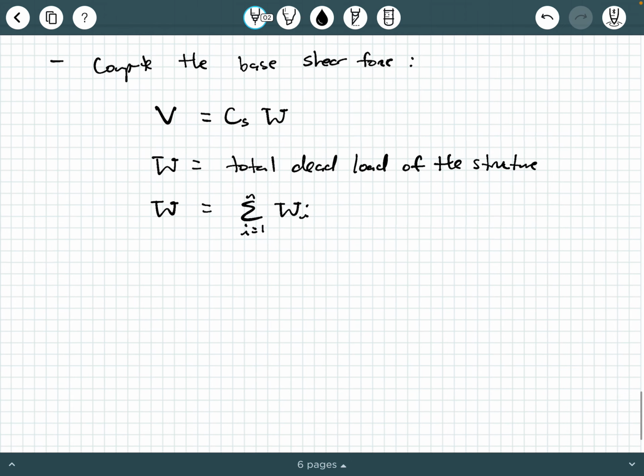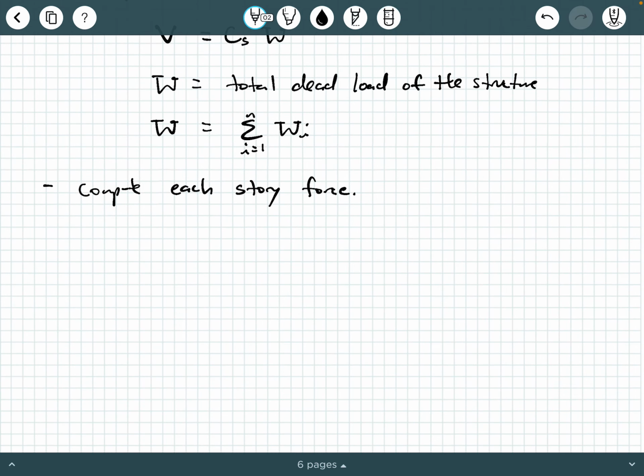Then what we can do is compute each story force, okay? So for story X, we have F sub X equals C sub VX times that base shear, the base shear that we just calculated.